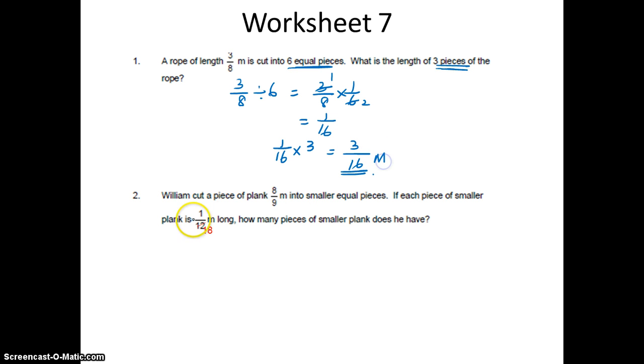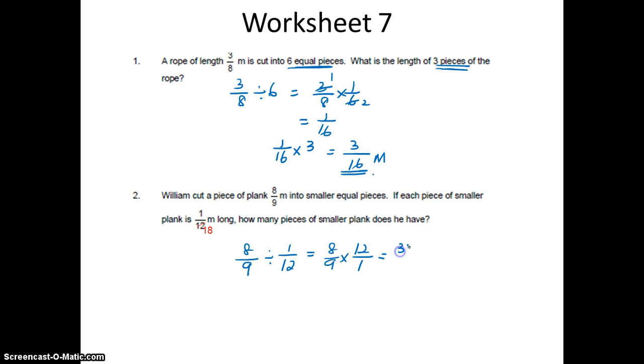William cut a piece of plank 9 meters into smaller equal pieces. If each smaller piece of plank is 1/12 meter long, so I take 9 divided by 1/12, and I will get 9 times 12 out of 1.